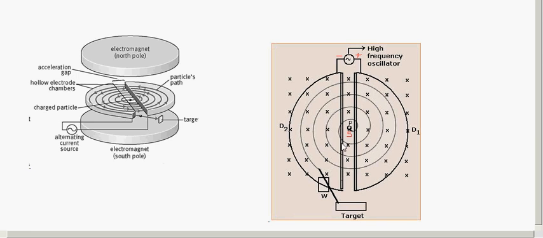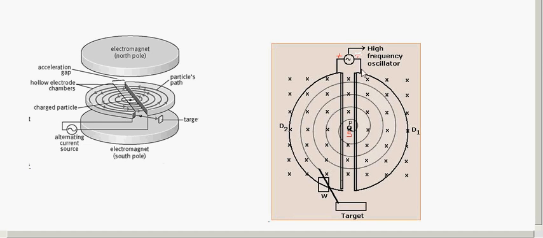Now when it comes towards the edge of D2, if we change the polarity, here this will become positive and the other end becomes negative, means I am changing the polarity. Now this end becomes negative.